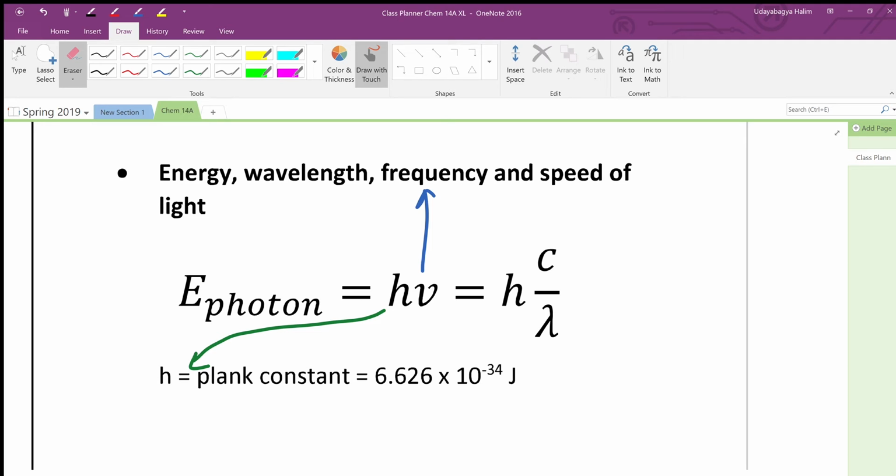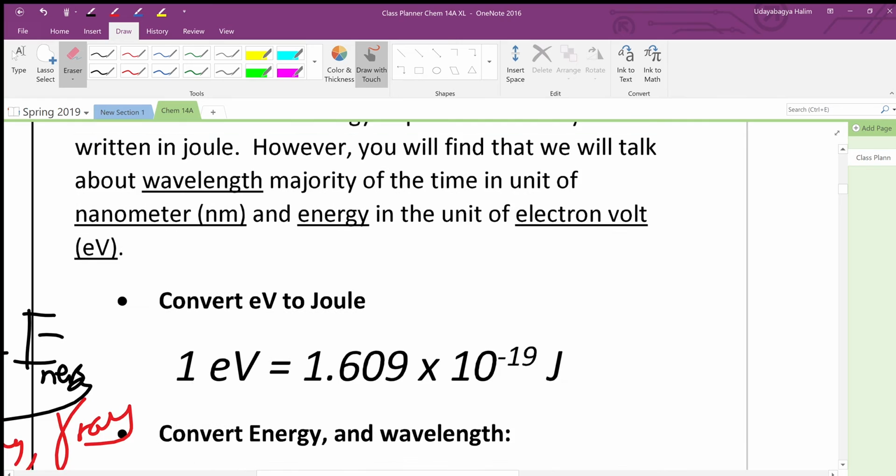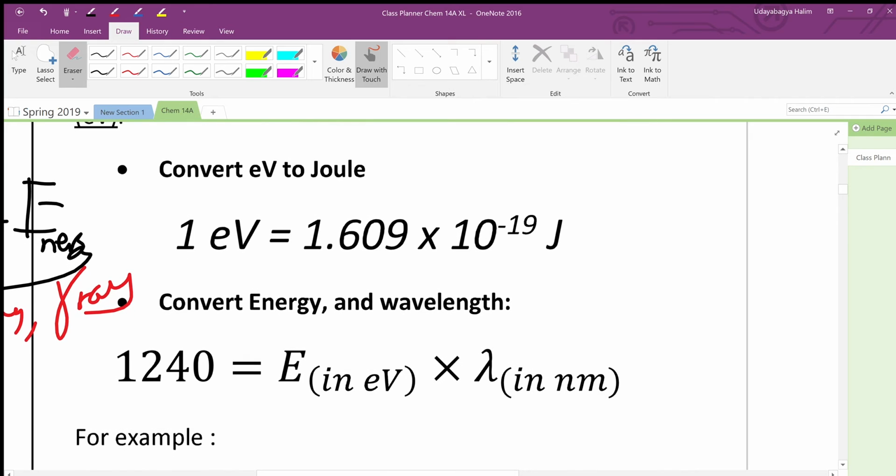Let's see, what else do I want to say? There's one other unit conversion that is useful to know, which is called the electron volt. I'm not going to explain what a volt is for now, but essentially an electron volt is a really small number.